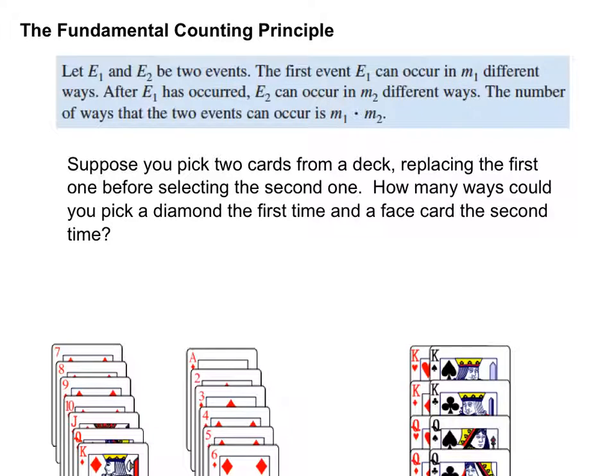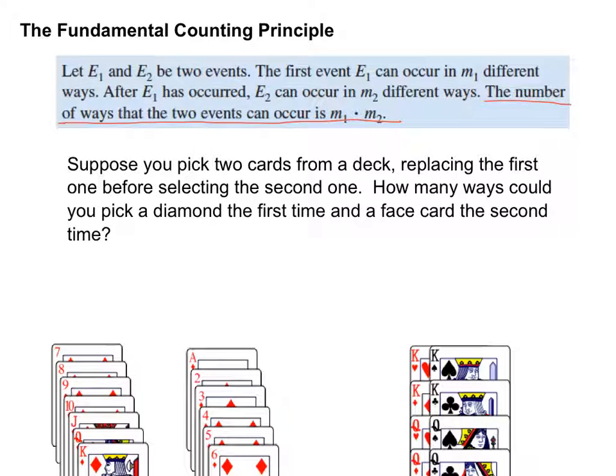All right? So these are just two different numbers. Here's the key to the whole thing, the whole principle. It says the number of ways that the two events can occur, we're talking about occurring together, is M1 times M2. Okay?